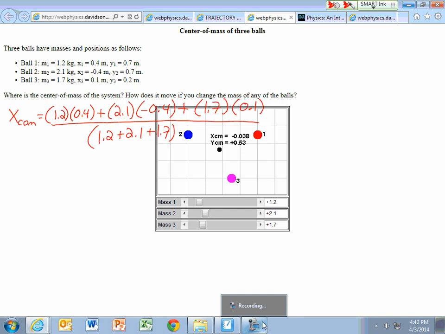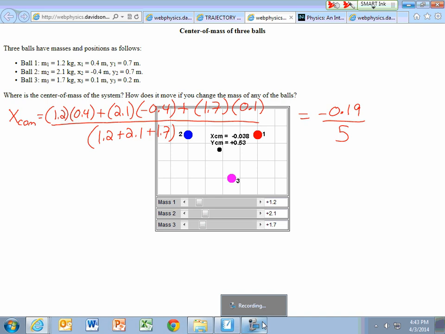And so working this out, you get for the numerator negative 0.19, and the total mass is 5 kilograms.